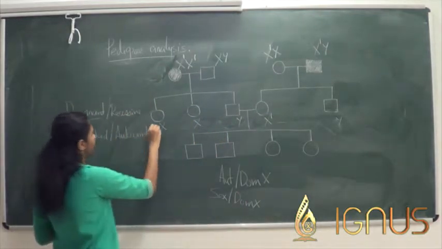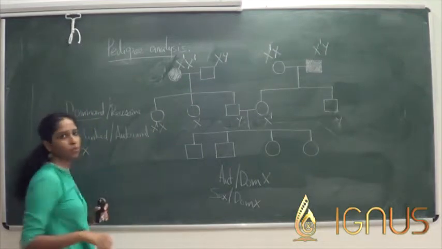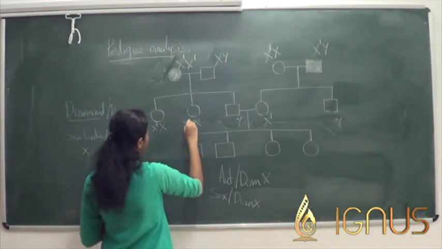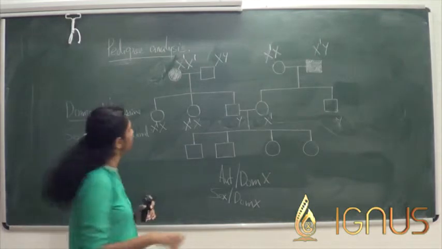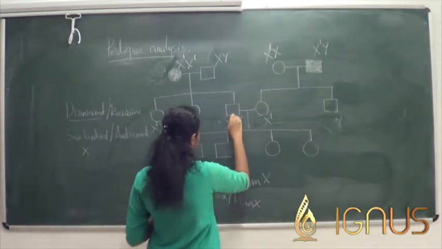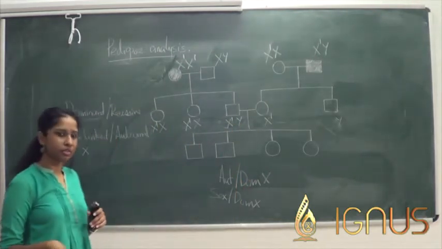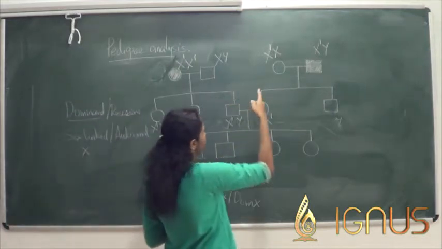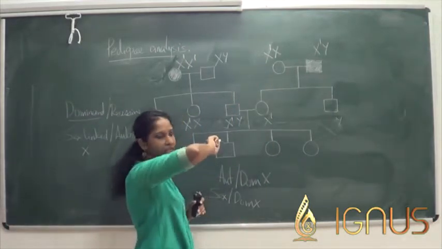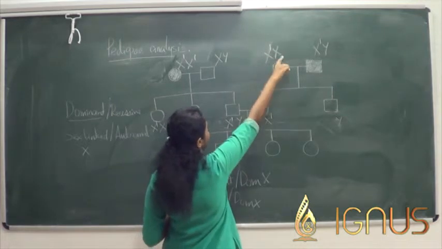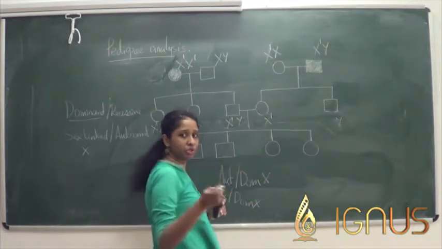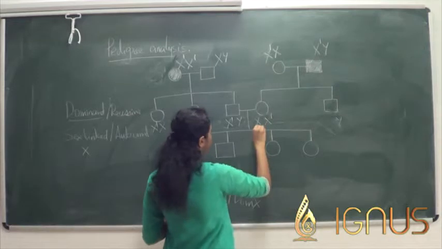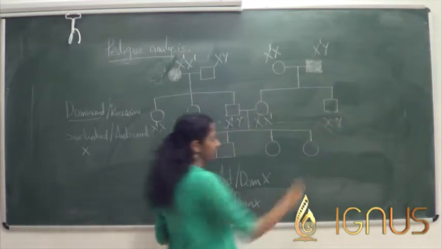Now from the female you are going to get one X chromosome with the trait, one X chromosome with the trait, one X chromosome with the trait, correct? Now in this case you can either get the carrier trait or you can get the normal X chromosome also. Assume that we are getting the normal X chromosome in both of these cases.